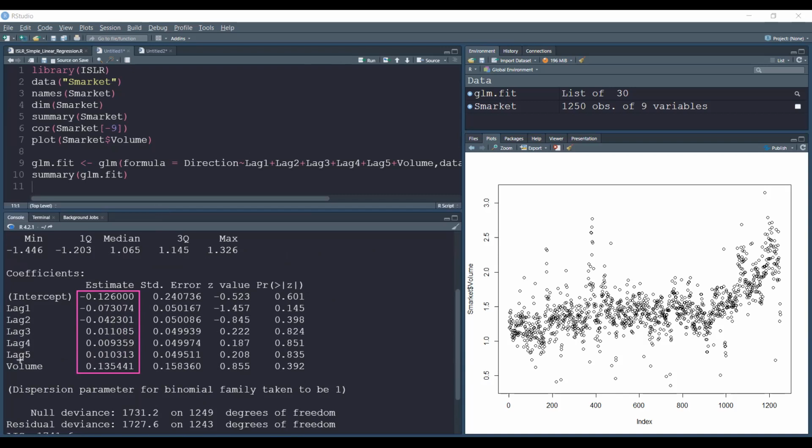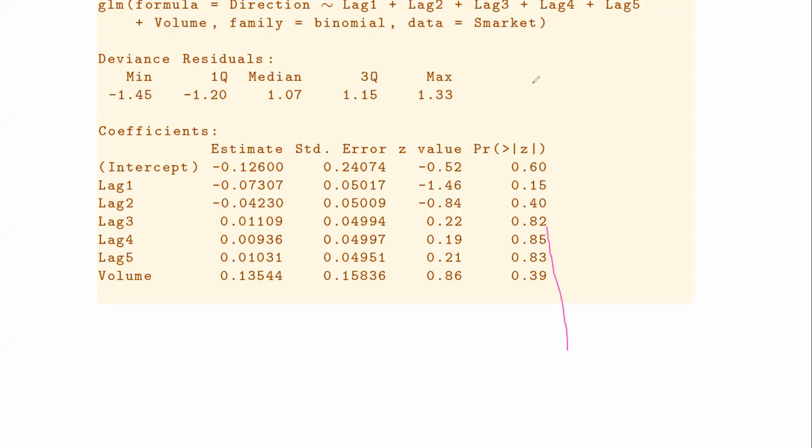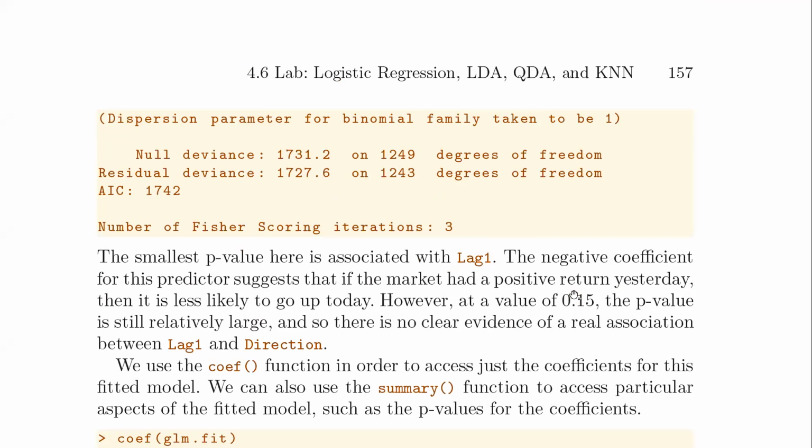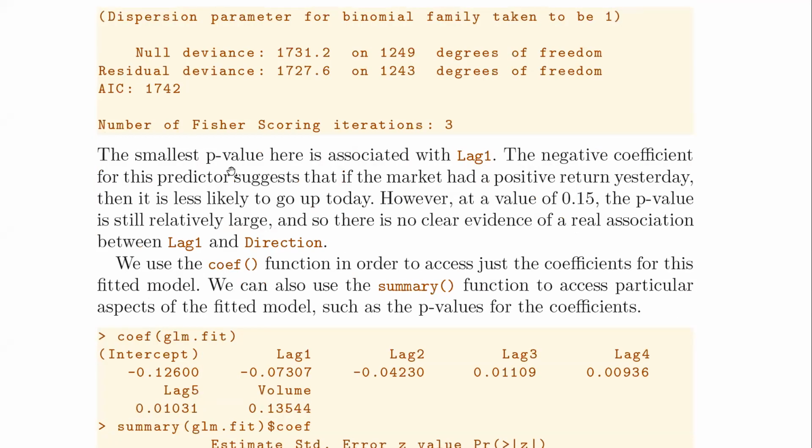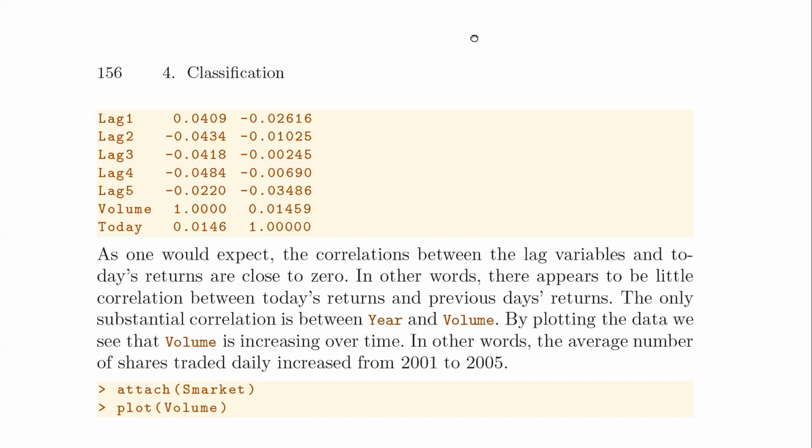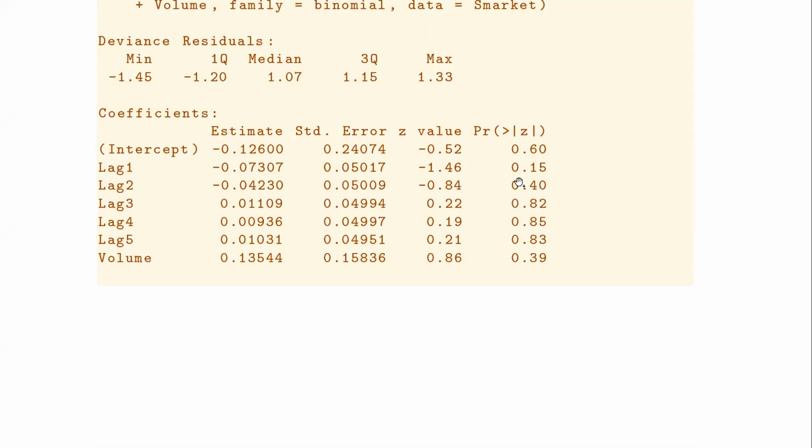These aren't actually very useful in predicting if the market is going to be up or down. The smallest p-value here is associated with lag 1. Lag 1, smallest p-value.